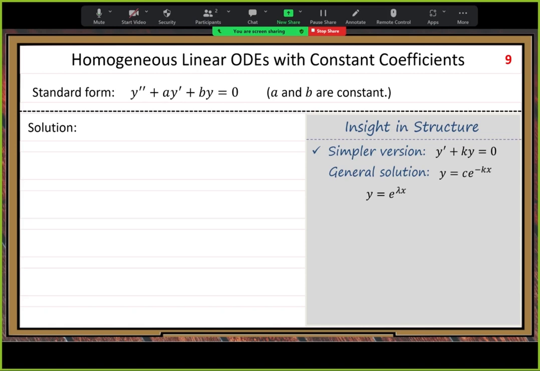Second, K. We do not know K, right? So that K is unknown. But the structure we want to keep. So we don't know K, so we just want to put a parameter there, a certain parameter in the position of K. So we want to try this structure, y equals e to the lambda x structure.